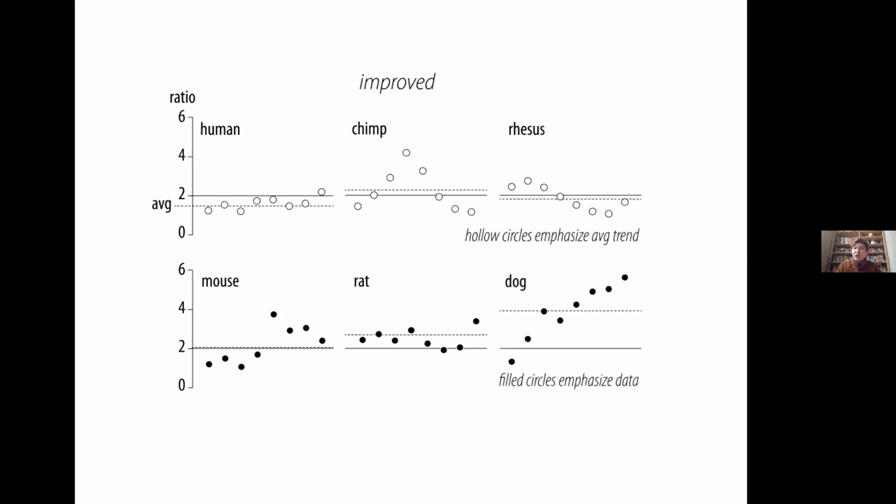So here's a simple case where we might make a decision about filled circles or open circles, and that really ends up emphasizing either the trend or the data points. Either of those could make sense depending on what your goal is or what you're trying to communicate. So we're cleaning up the figure here with some pretty minor things. We'll get into this with other examples, but just to start to set the stage here.